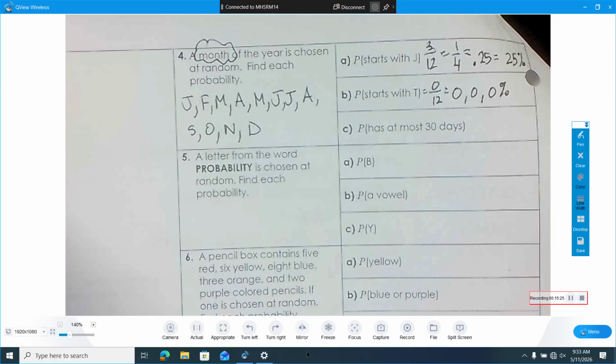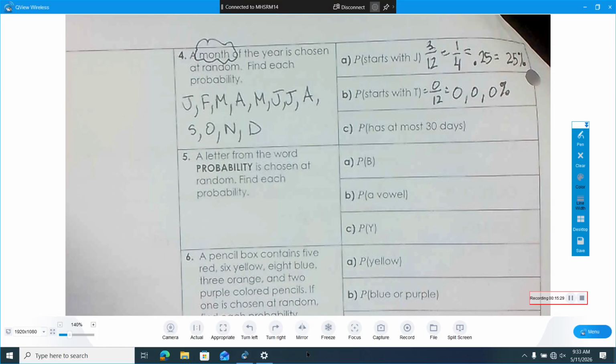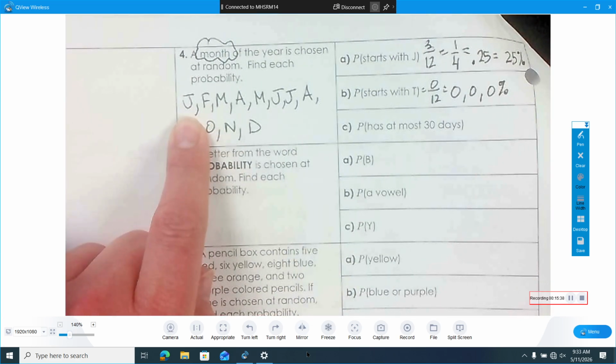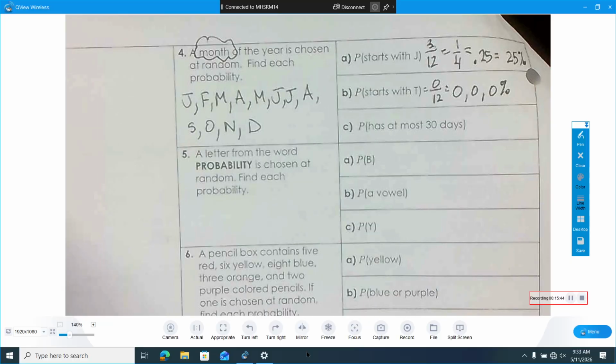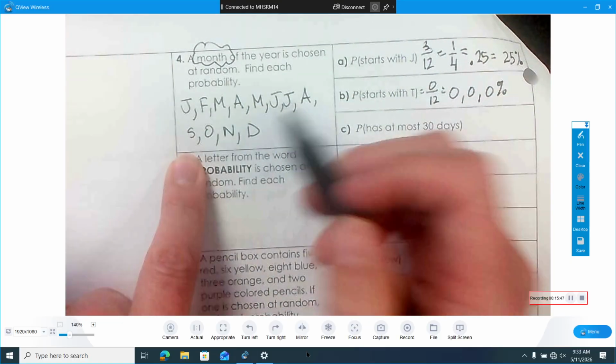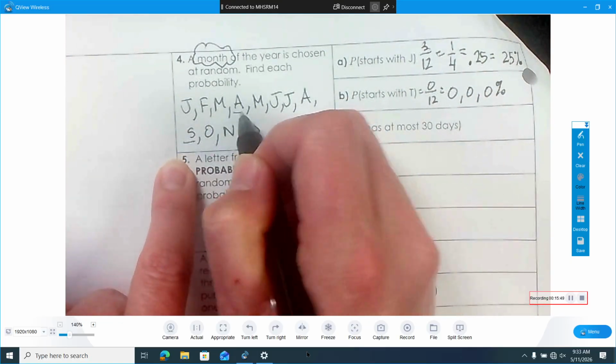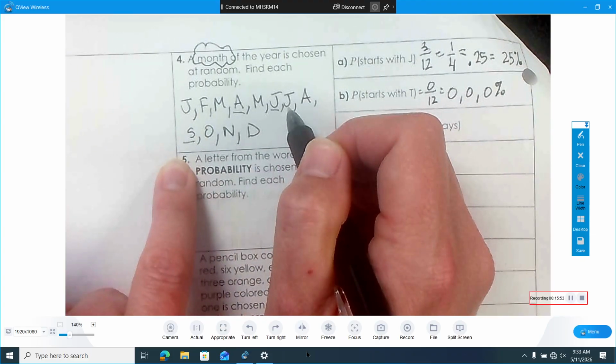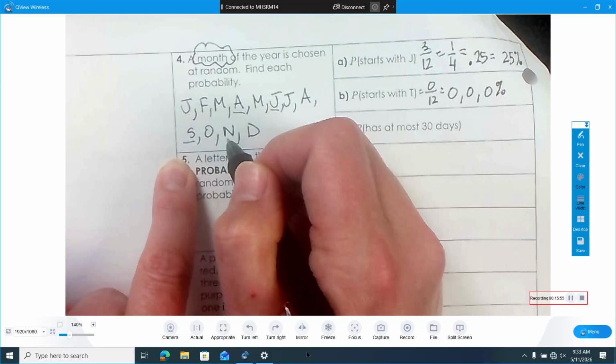What's the probability that a month has at most 30 days? Well, how many days? Let's figure out which ones have 31. 30 days has September, April, June, and November.